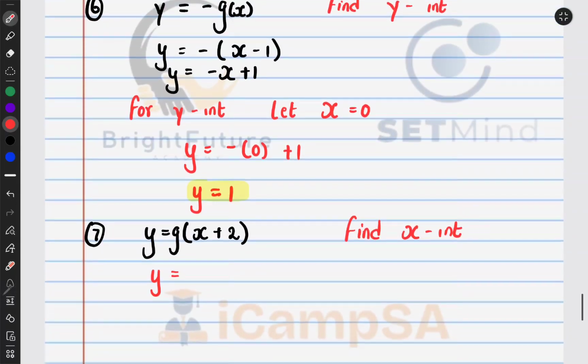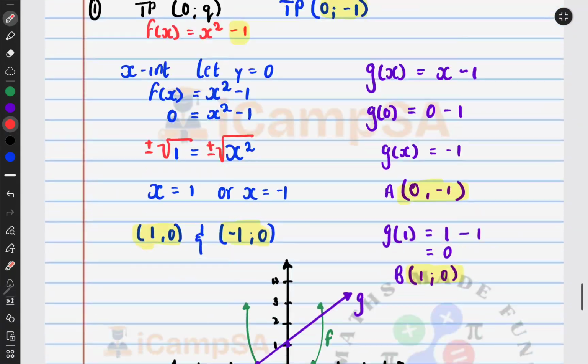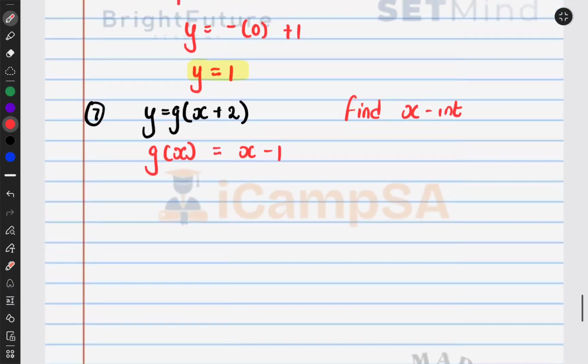So first thing first, let's find the graph of y, which is g at x plus 2. The graph of g at x is x minus 1. Where we see x, that is where we have to substitute x plus 2 now, because x plus 2 is within the bracket.